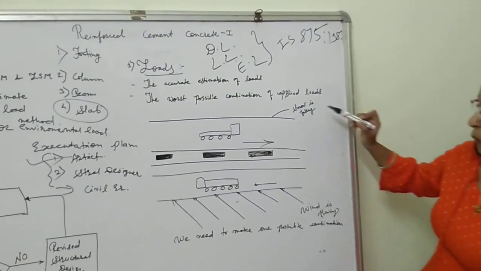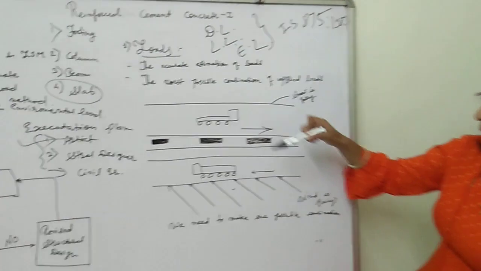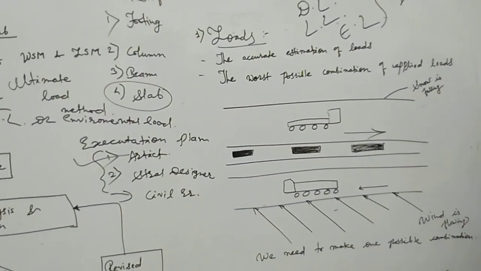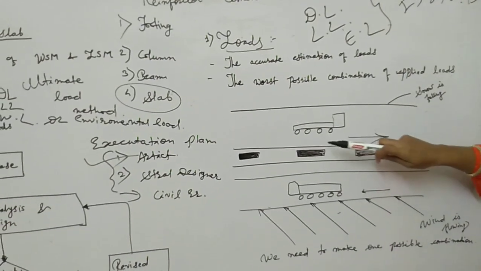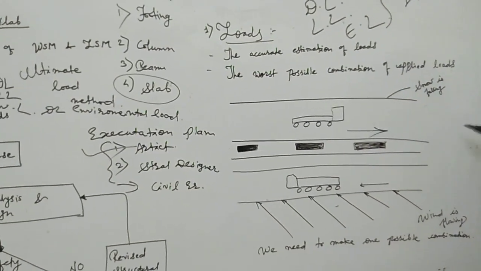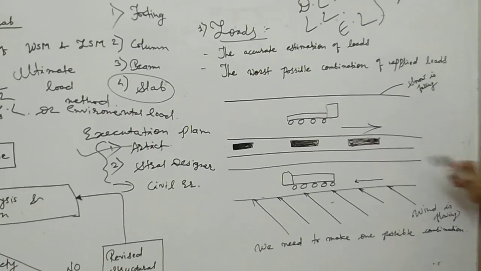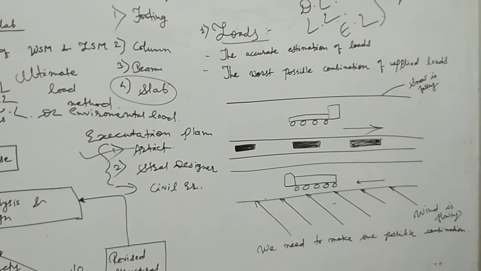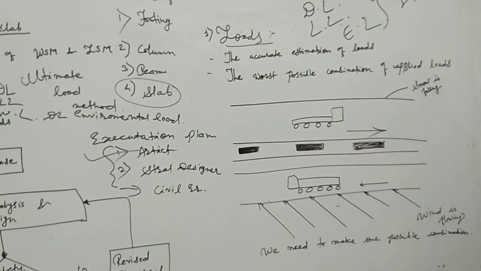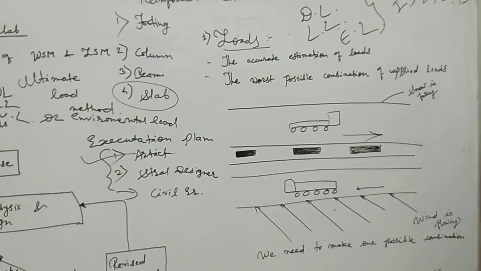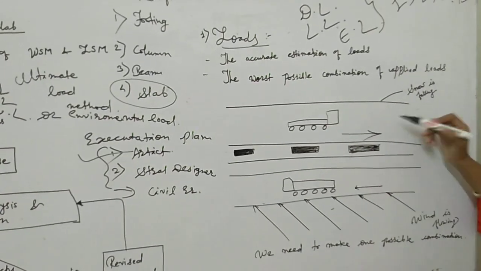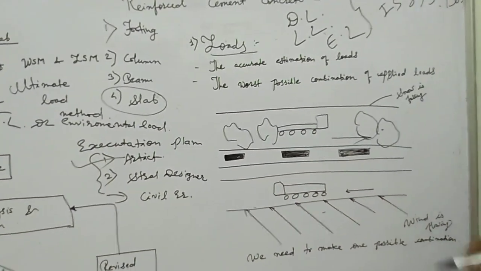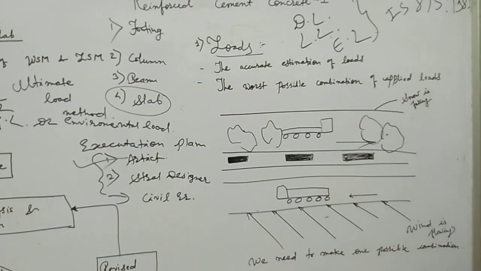How it acts, I am going to take one example. I am going to take one lane two-way traffic or two lane two-way traffic, you can say any one. If one lorry is moving on this road from right to left and left to right, and this vehicle is traveling on this road from left to right or right to left, what is going to happen? If some cases are executed like that, snow is falling and wind is blowing. See, snow is falling, I am drawing here some snow. And wind is flowing. What will happen?